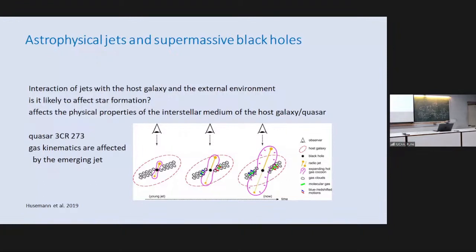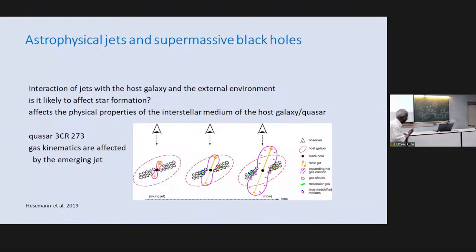Here I have just shown a schematic illustration, based on observations which were done by Kusuman et al. a couple of years back, where they looked at the dynamics of molecular clouds as well, where the jet is expanding out, creating a cocoon of hot gas, which is heating and pushing molecular gas.